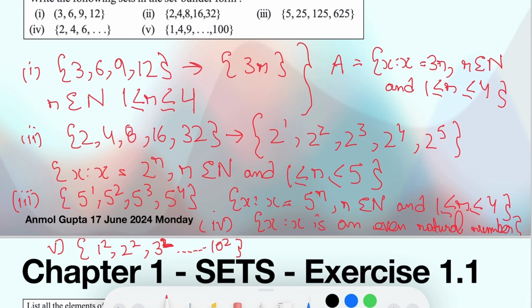So in the set builder form it can be written as x such that x is equal to n square, n belongs to natural number and n is greater than 1 and less than 10. N can be 1 and 10.